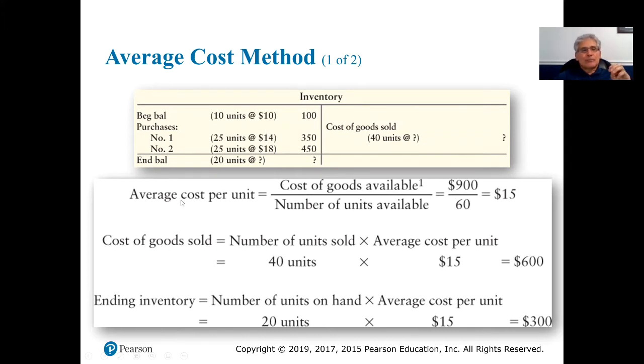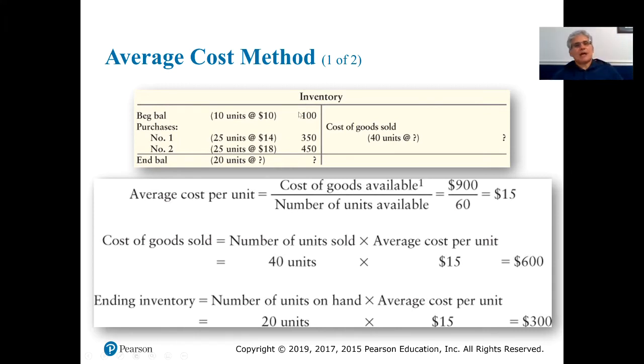And the way we're going to compute the average is we're going to take the cost of goods available, which in this case is $900. You say, where did that come from? Well, 100, 350 plus 450. So we're going to add everything that was purchased, the purchases plus the beginning balance. The beginning balance plus purchases gives us the goods available. That's $900. Then we're going to divide that by the number of units that are available.